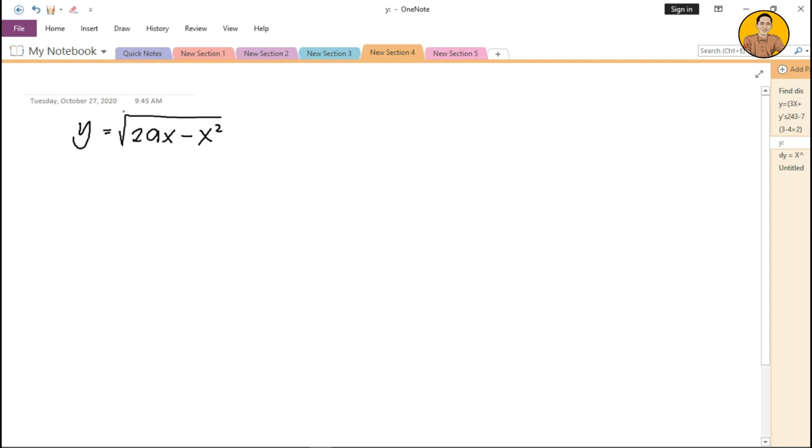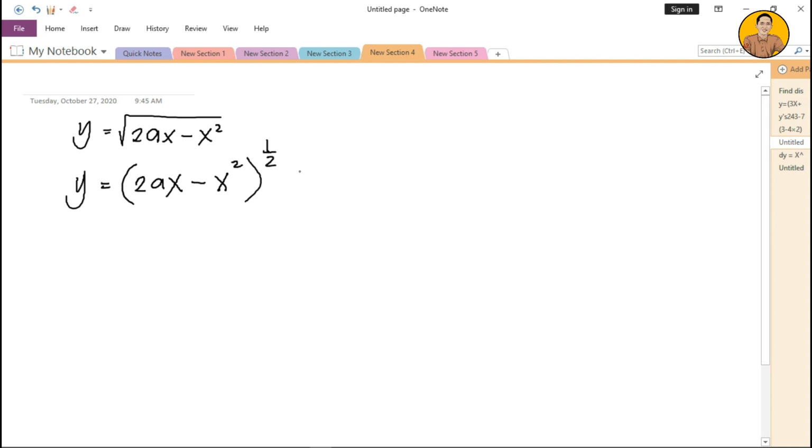So because this square root sign can be represented into a numerical form, which is 1/2. So this is basically exponent 1/2. Now, you have this, i-simplify natin siya. So y equals the quantity 2ax minus x squared raised to 1/2. So this is the same thing.